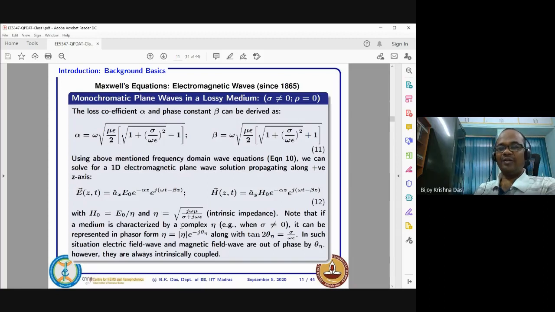Even though they are out of phase, they are coupled. You should keep in mind, they are coupled. That means electric field helps to grow the magnetic field surrounding it, and then rate of change of magnetic field will create electric field surrounding it. So in that way, it will go from one place to another. That is how it can carry the energy.